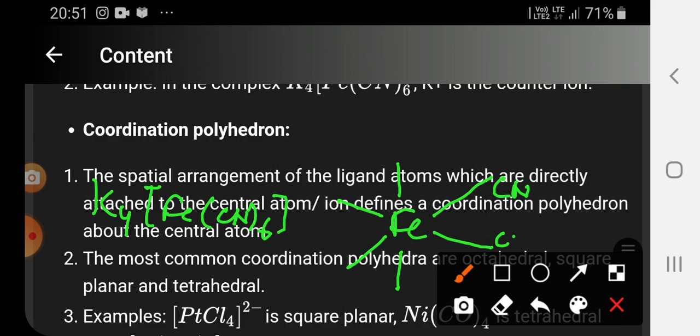Simply we can draw the structure like this. And what is the oxidation state? 2+. So this is the coordination polyhedron.